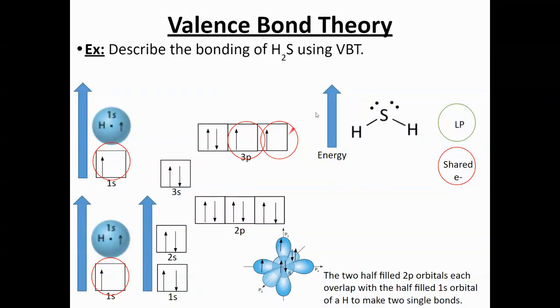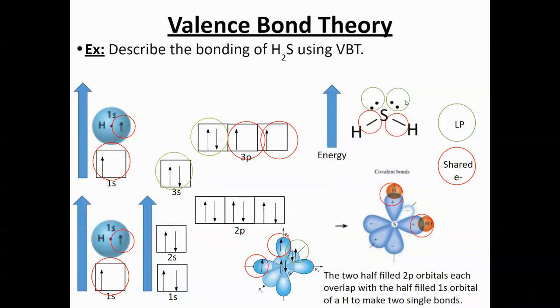We also have to explain the lone pairs, and the lone pairs can be explained by the fact that you have in the valence shell the 3s electrons here and the 3p electrons here that are paired, and that corresponds to these over here. So what we did there is we explained the bonding in hydrogen sulfide using valence bond theory.